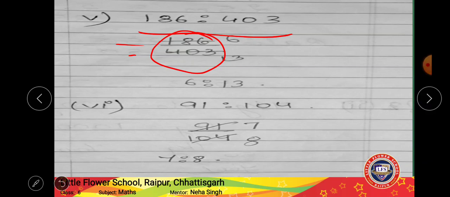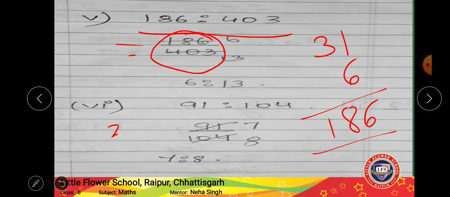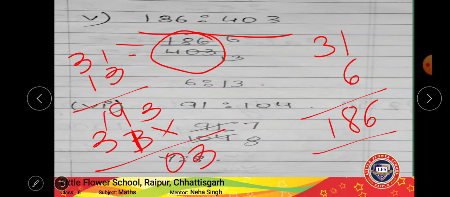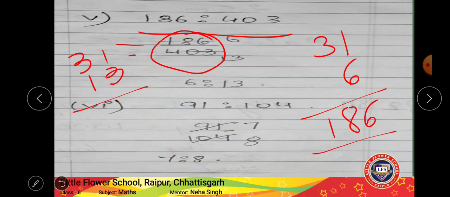I have cancelled it with the table of 31. 31 sixes are 186, and 31 thirteens are 403. So we can cancel it, and 6 and 13 is the simplest ratio.